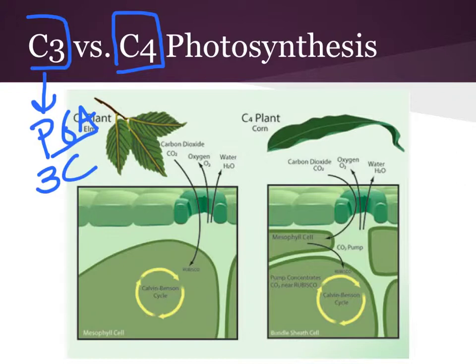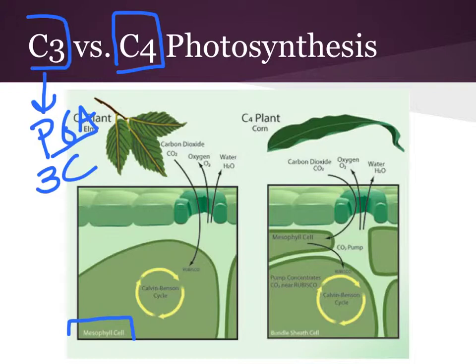In order to understand C4 photosynthesis, the bottom line is this. In C3 photosynthesis, we know that both the light reactions and the Calvin cycle take place in mesophyll cells. But when stomata are closed, we can't perform the Calvin cycle because we don't have enough carbon dioxide.